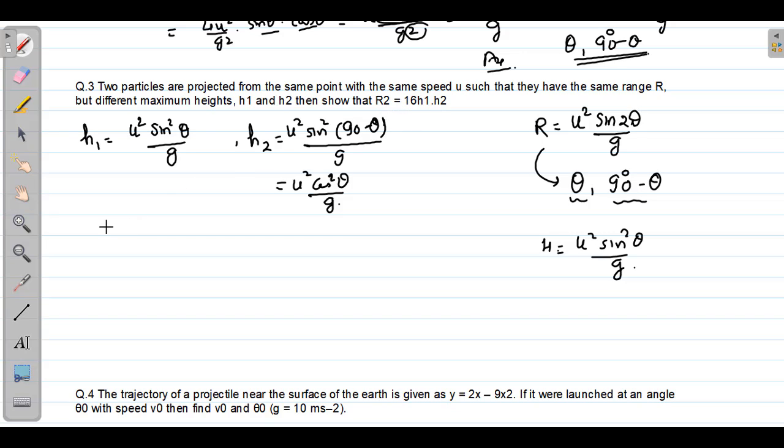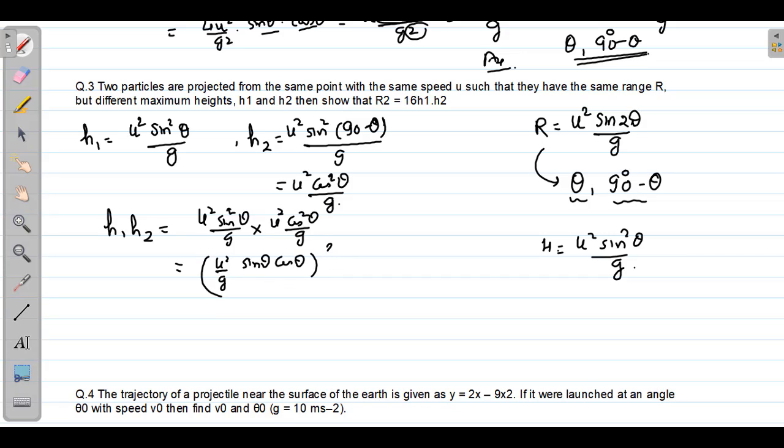We have to find h1 into h2. So h1 into h2 is equal to u square sine square theta by g into u square cos square theta by g. And we have to write it in terms of range. So it is equal to u square by g into sine theta cos theta whole square.